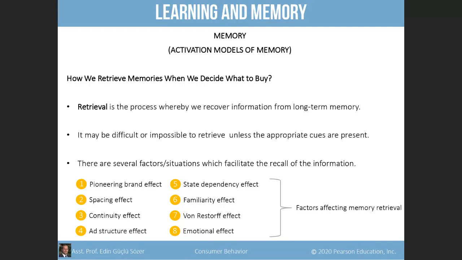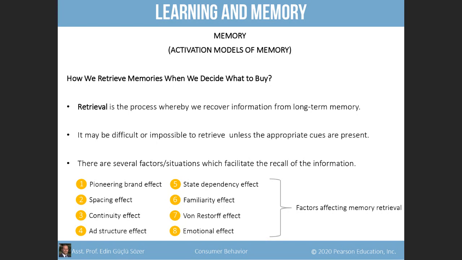The fifth one is the state dependency effect. This is a theory, and it is true, I believe. The state dependency effect tells us that if we see the advertisement in a good mood and in a certain environment, and that same environment is repeated, then you will call back the brand more easily.